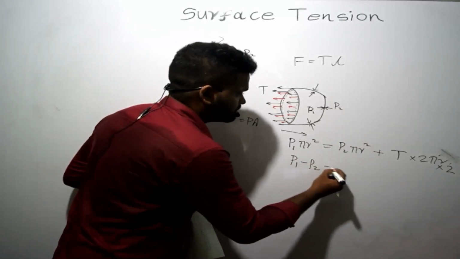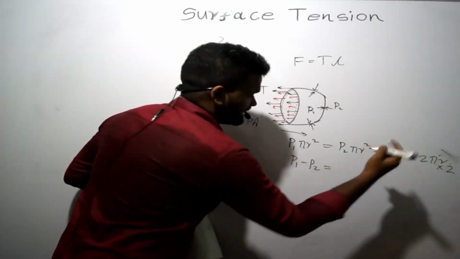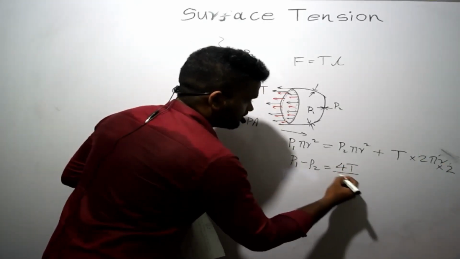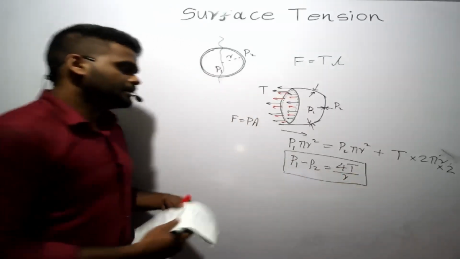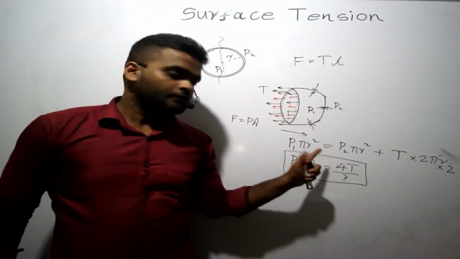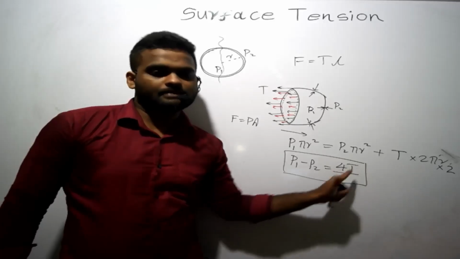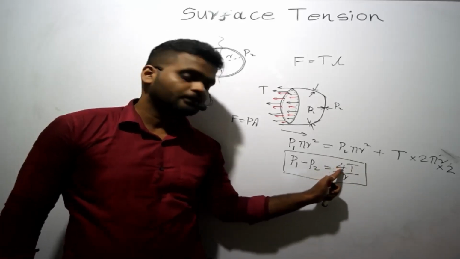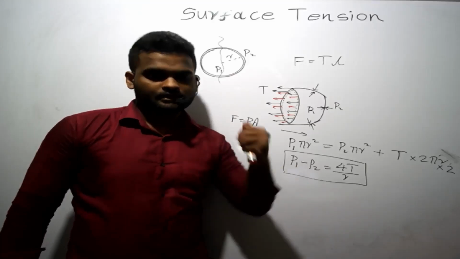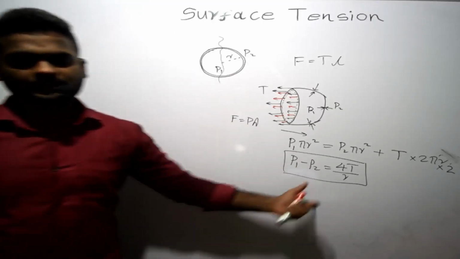P1 minus P2 equals 2 times 2, that becomes 4 actually, 4T divided by r. So when you have one free surface, it is 2T divided by r. But when you have two free surfaces, it is 4T divided by r. So remember those equations. Take it down.